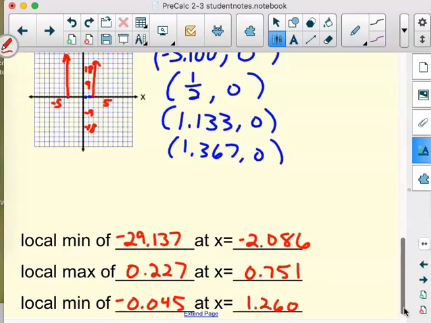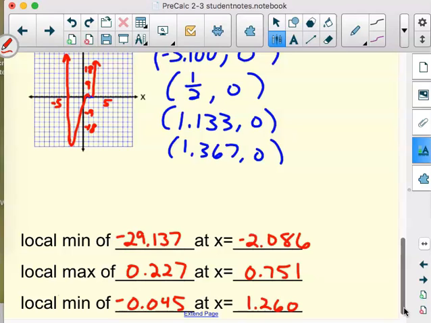So we have a local min of negative 29.137 at x at negative 2.086. So remember we went by 3's, so that's going to be very, very close to the bottom of our graph. And then I found the local max, and that is just barely over the top of the x-axis, so 0.227, and that's at an x of 0.75.